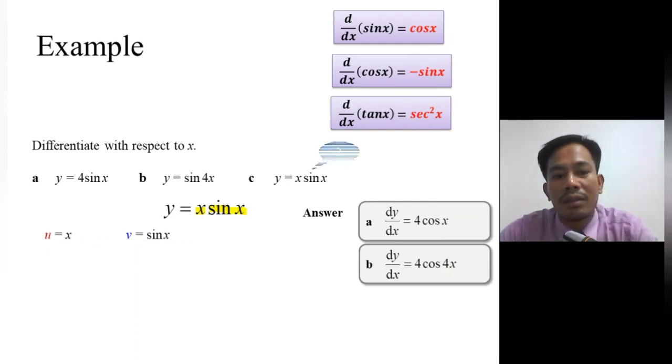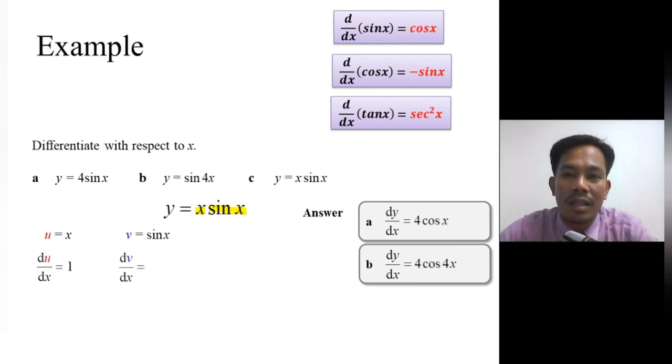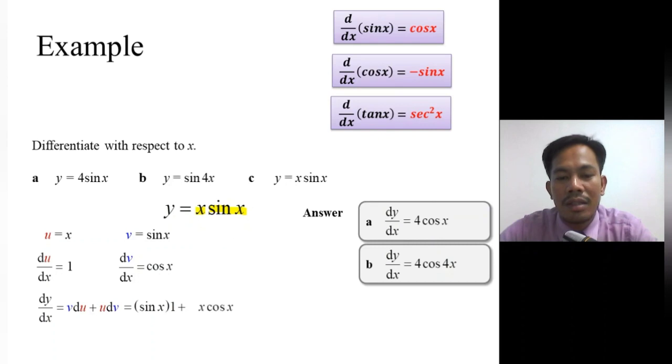What is the derivative of u? It is 1. What is the derivative of sine x? It is cosine x. Remember, product rule says v du plus u dv. You just plug in: sine x times 1 plus x times cosine x. So the answer here is sine x plus x cosine x for letter C.